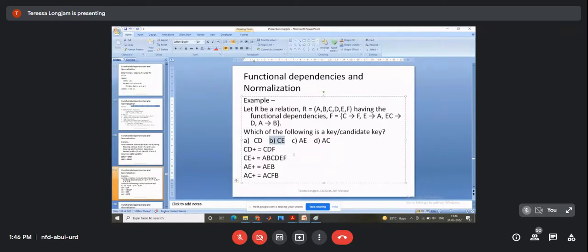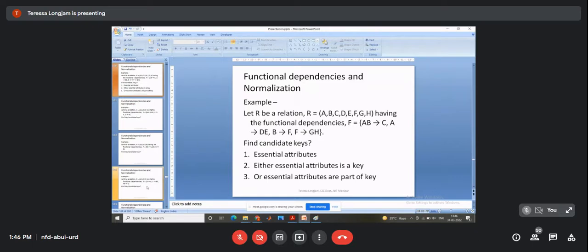So like this, you can find candidate keys by using the set of functional dependencies over a relation. Now let us see another example. Let R be a relation having these functional dependencies. Find candidate keys.